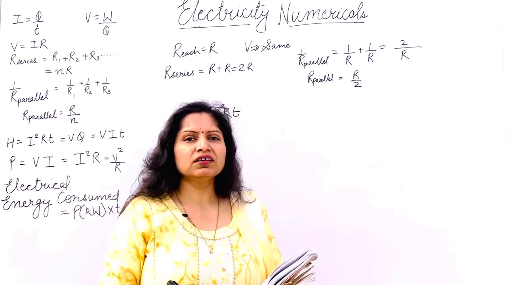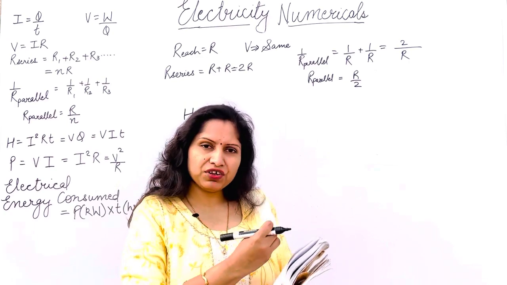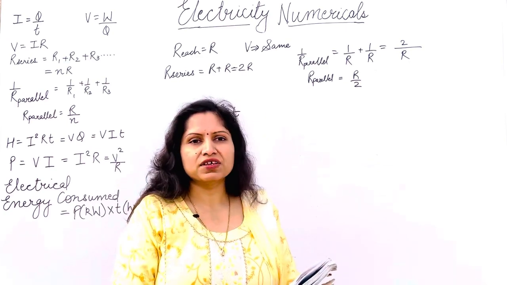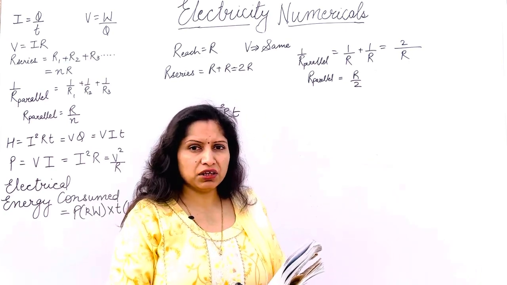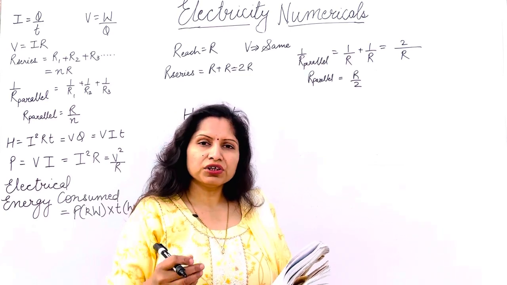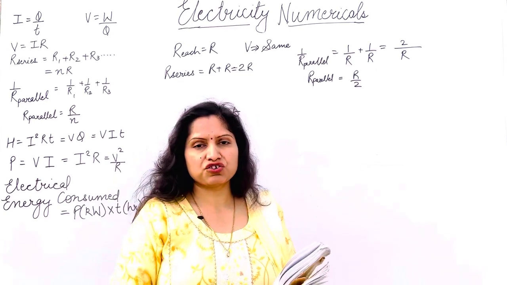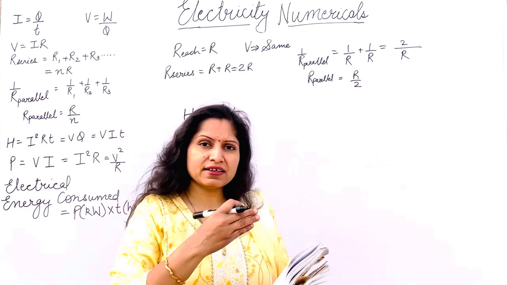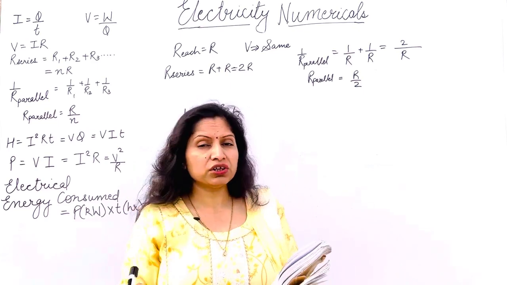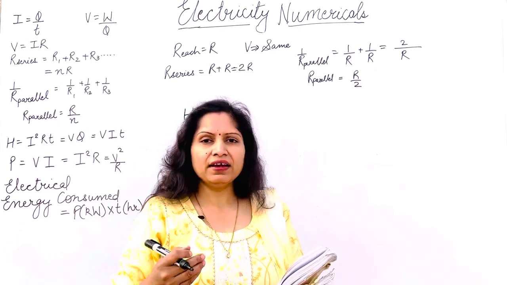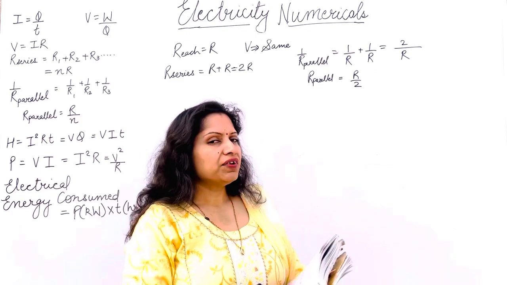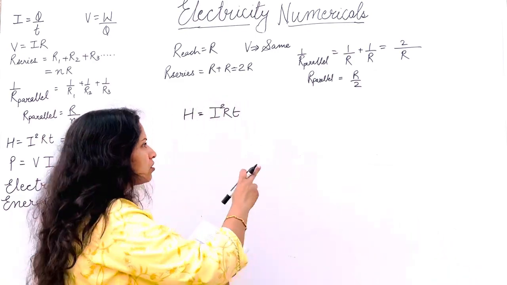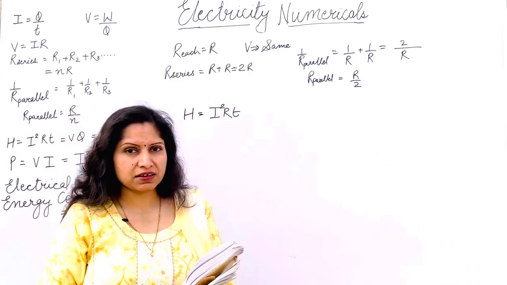We did one numerical in the previous video to prove this. In series, the total current flowing in the circuit reduces considerably, and when we connect the same resistors in parallel, the total current is very high. So we can't use this formula because I is not the same in series and parallel.